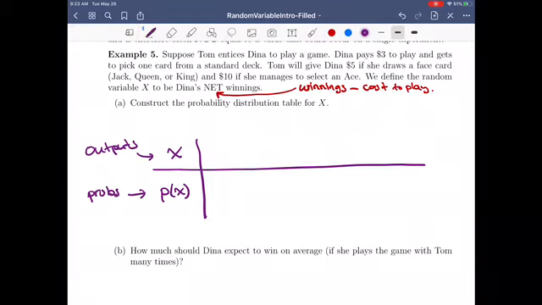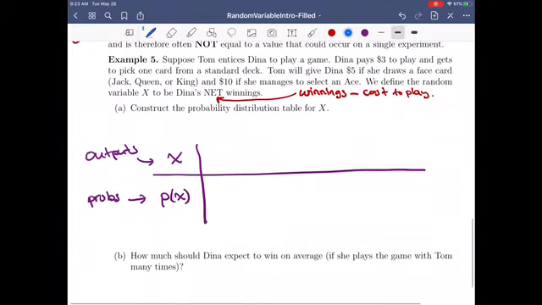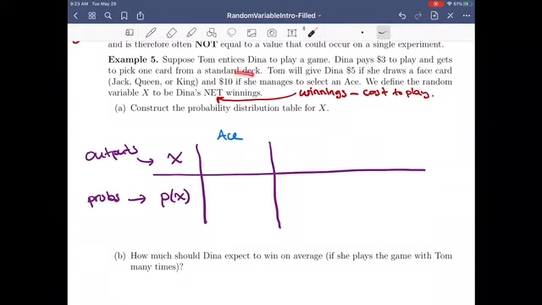What could happen? Sometimes it helps to write what she actually picks. She might pick an ace. That's one category. This is not an output, it's just helping us arrive at the output. If she picks an ace, Tom told her he'd give her $10, but she already paid $3. So her winnings are $10, but the cost is $3, and the output is $7.